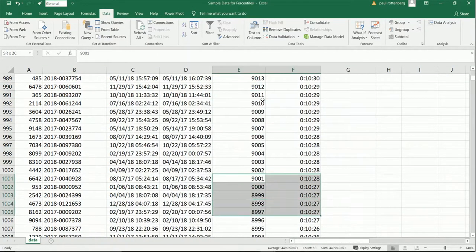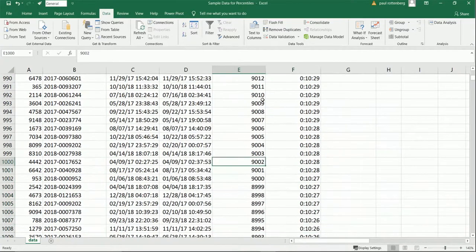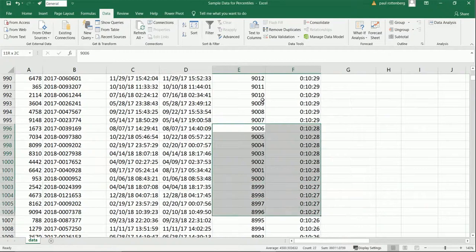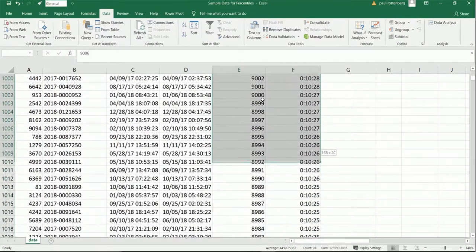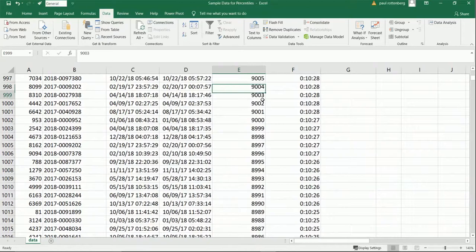And here we go. There's the thing. You see a whole bunch of 1028s right there, and then a whole bunch of 1027s, because there's just a finite number of times that we can have in this data set, and a bunch of 1026s and 1025s. So the breakover point between 9,001 and 9,000 happens to be 1 second, according to this data, which is why those two calculations yielded different answers.